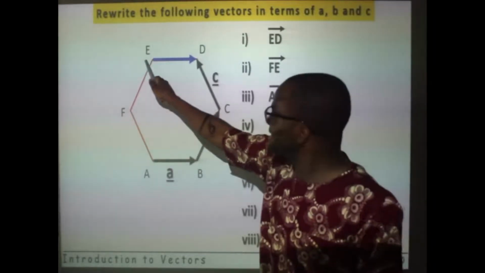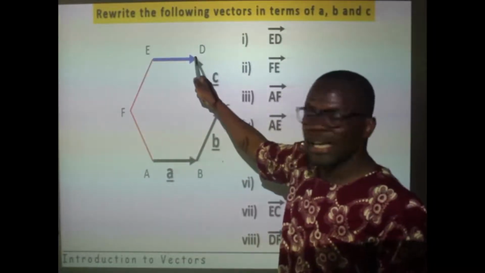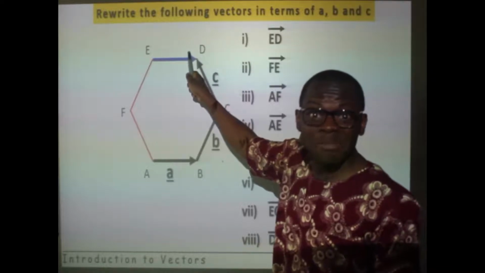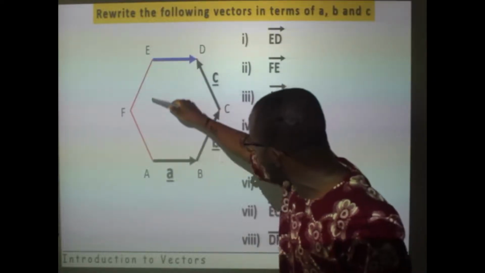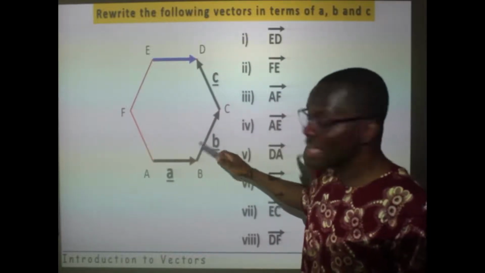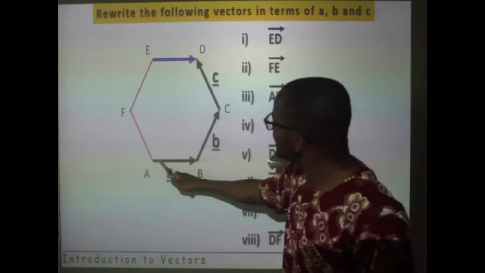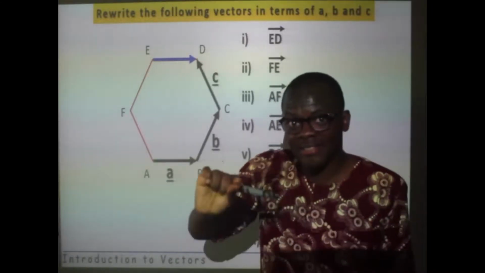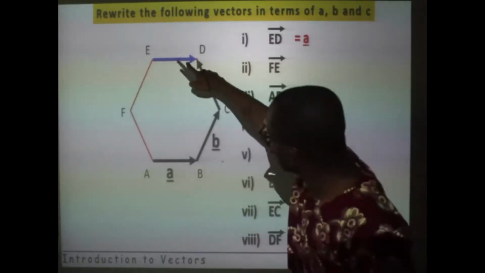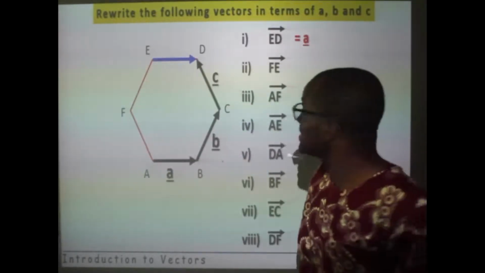Now look at ED. ED is pointing in the same direction and also has the same size as AB. And so the vector ED is, can you guess? Yes, that's right. It is equal to A. Exactly. It's exactly the same as that.